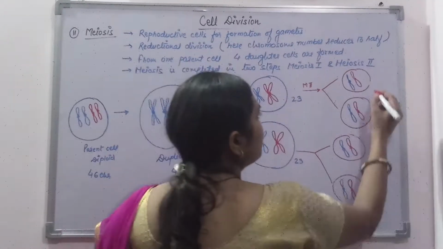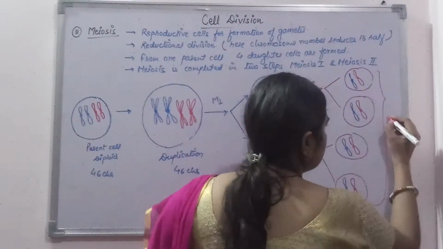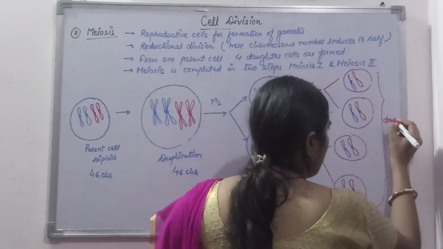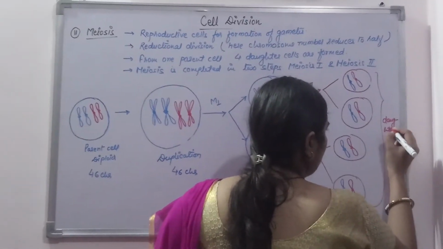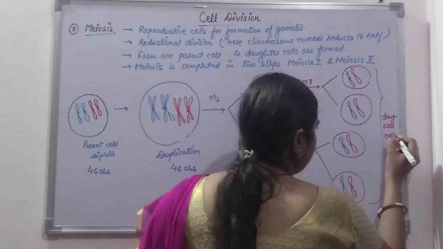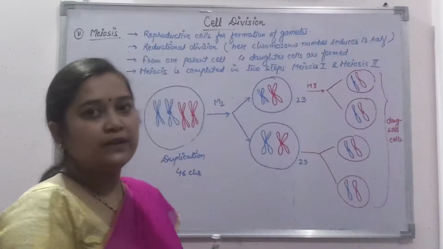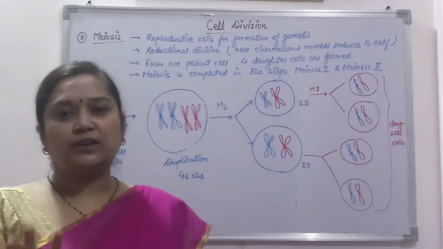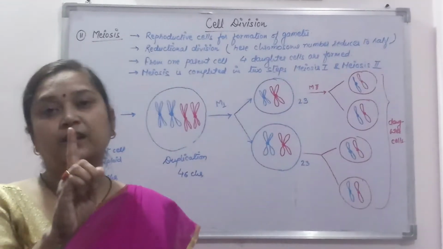See, these are the four daughter cells. At the end of meiosis, four daughter cells are formed from one single parent.